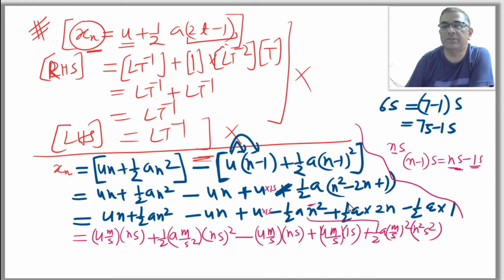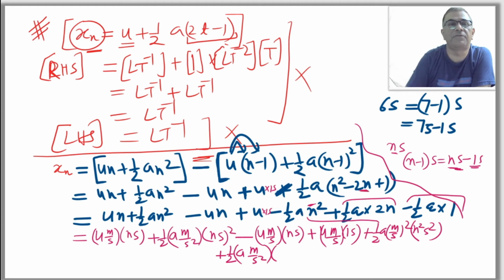Now let's see, these are the two terms left, this term and this term. Let's try to write properly. This is plus half a, and the unit is meter per second square. And the next term is 2n. Is it 2n? Is it only 2n?